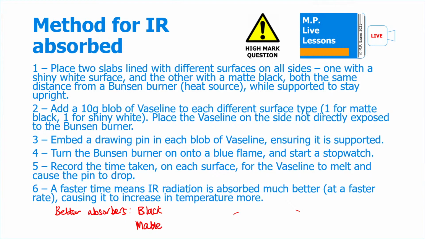This almost lines up with the emitted ones, because in fact, good absorbers of infrared radiation also emit infrared radiation well, whereas the poor absorbers, in other words, they reflect, you expect them to be white and shiny.